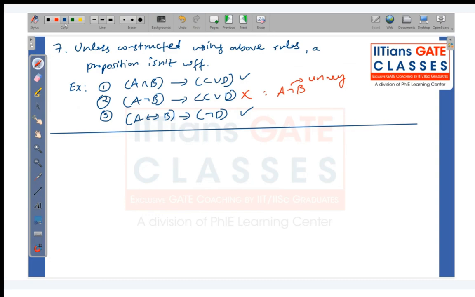Moving ahead. Tautologies, contradictions, and contingents. Let's start with tautology. Anyone knows what a tautology is?